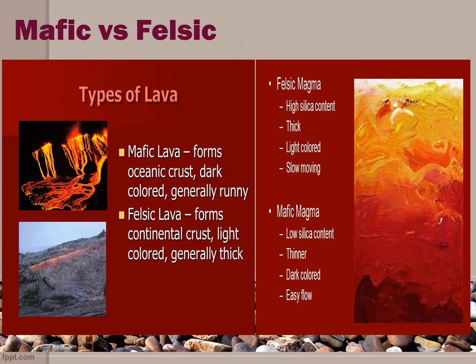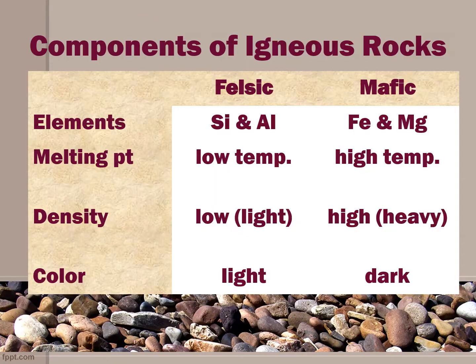While mafic lava or magma has low silica content, mas manipis or thinner, mas malabnaw ang ating mafic magma, dark in color and easy flow. The components of igneous rock for felsic is composed of silicon and aluminum, usually with low temperature melting point.